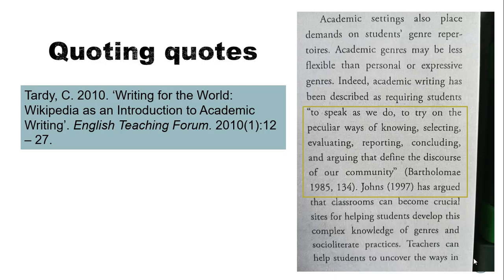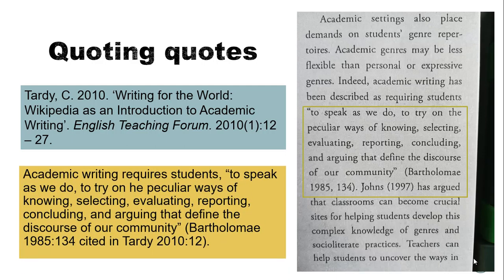But you have read Tardy. So we need to indicate that the quote is by Bartholomew, but you found or read it in Tardy. We do this by using the words cited in, which mean found in. So you would write the quote as normal, but when it comes to the in-text reference, you need to indicate that these words are by Bartholomew, but that you did not read them or find them in Bartholomew, you read them in Tardy.